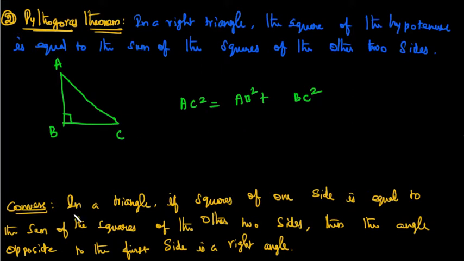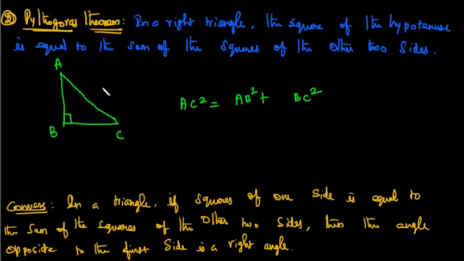The converse theorem says that in a triangle, if the square of one side is equal to the sum of the squares of the other 2 sides, then the angle opposite to the first side is a right angle. It says if this is true, then the triangle should be a right angle triangle.